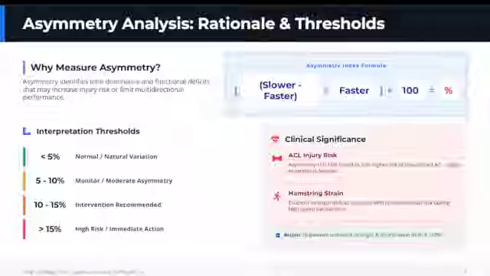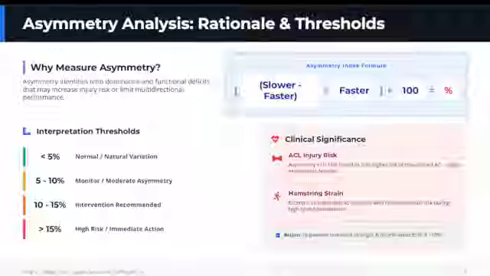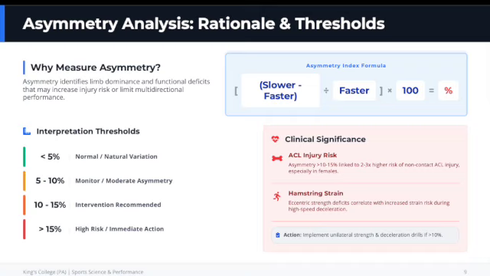That's a percentage. Interpretation thresholds: less than 5% is normal, 5 to 10% is moderate asymmetry and you have to monitor, 10 to 15% intervention is recommended, and more than 15% is a high risk of injury and immediate action should be taken.